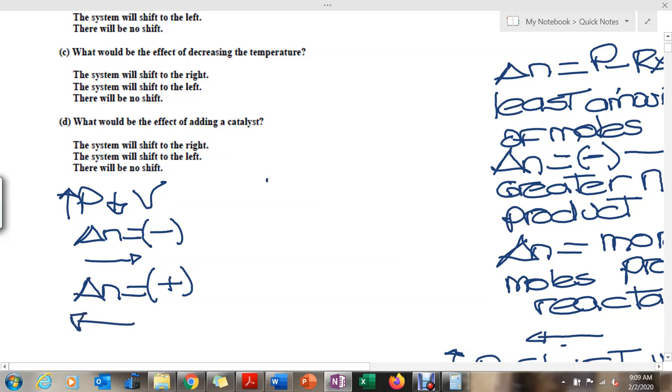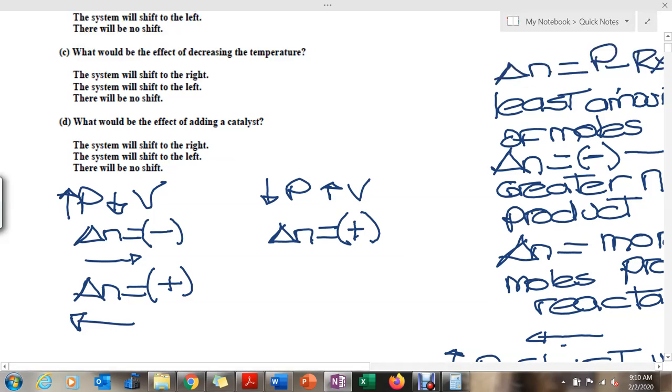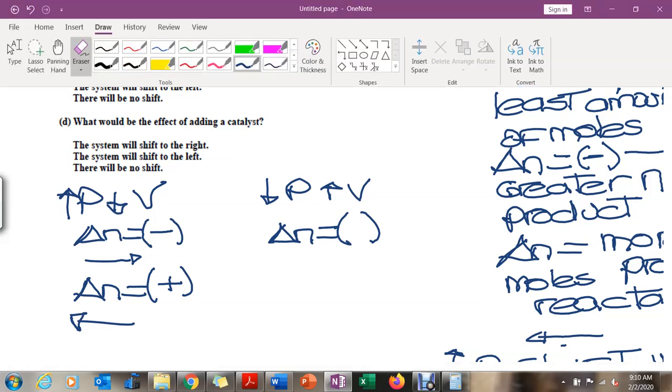Now the opposite, if you decrease pressure by increasing volume. If delta N is positive, that means that you have more products than reactants. It doesn't matter, we're going to do it the same way as the other one.